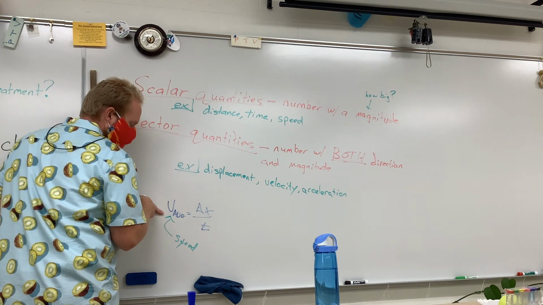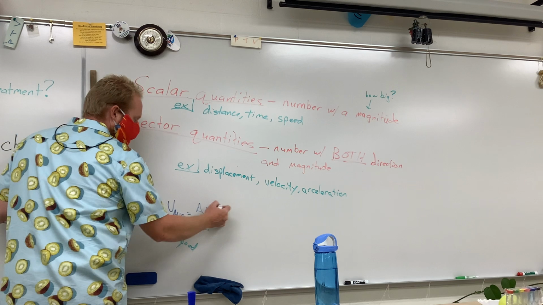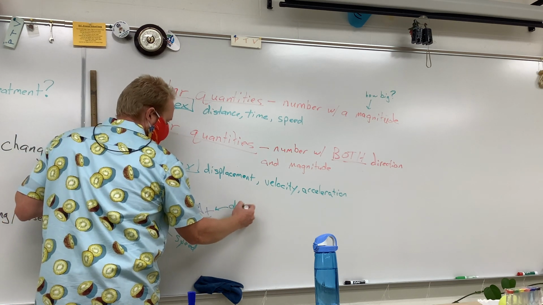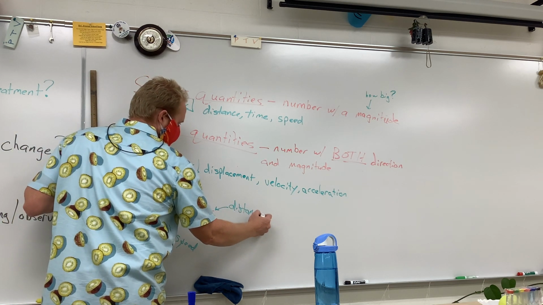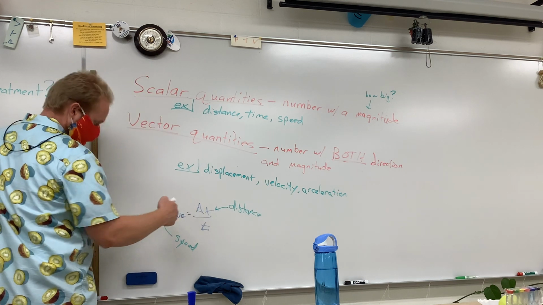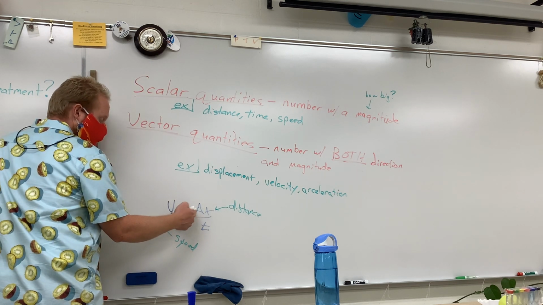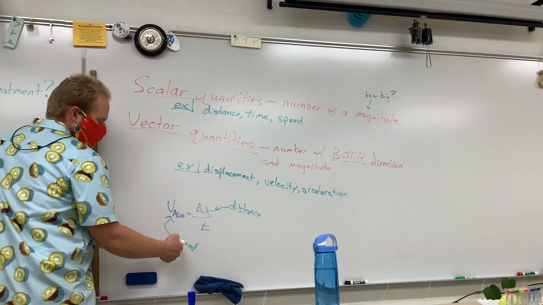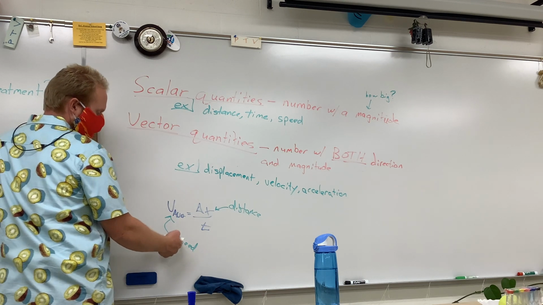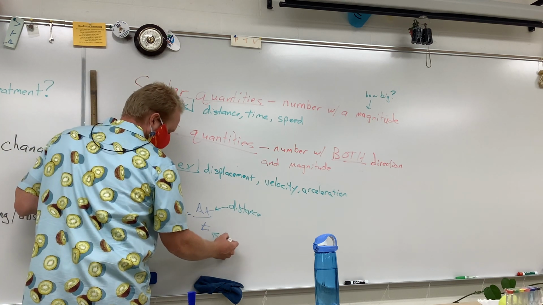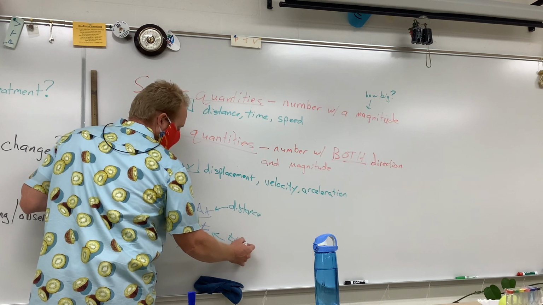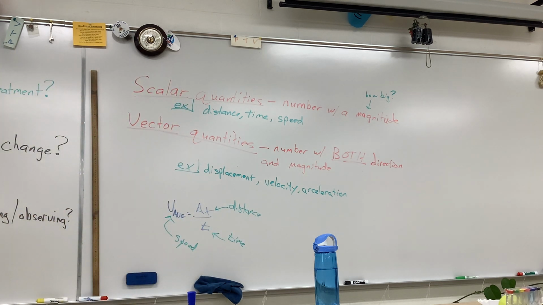It's also going to represent velocity in a little bit, but if we use distance for our delta x, and if we use speed for V, and our t is time, if we know 2 out of those 3 variables, we can solve for the other.